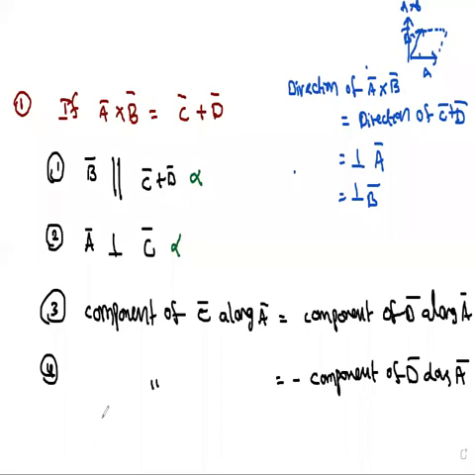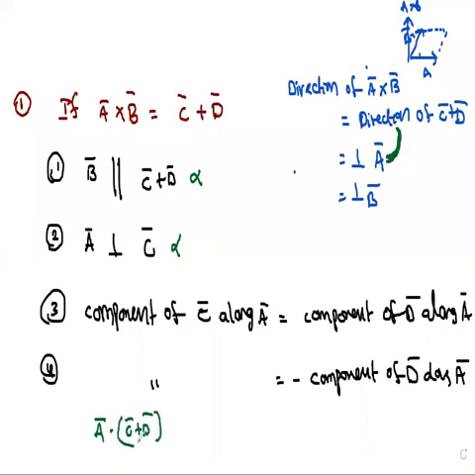Here I will write one equation. What is given is that the direction of C bar plus D bar is perpendicular to A bar. If two vectors are perpendicular, the dot product of the two perpendicular vectors will be 0 only.